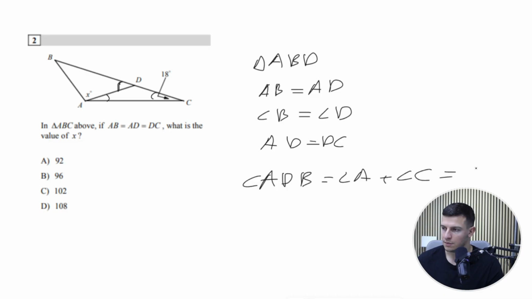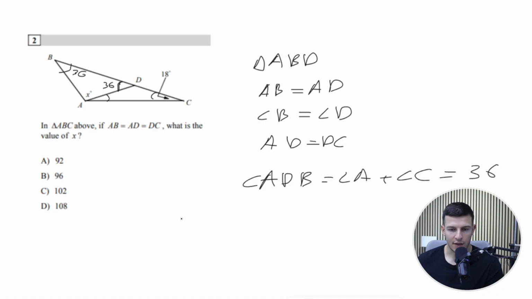And that's equal to 18 plus 18, which is 36. So this is 36. Now, we said that B is equal to this D angle, which is also going to be 36, right?